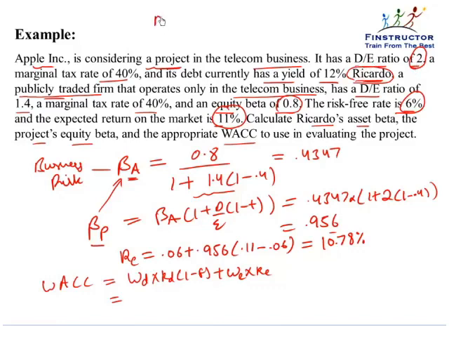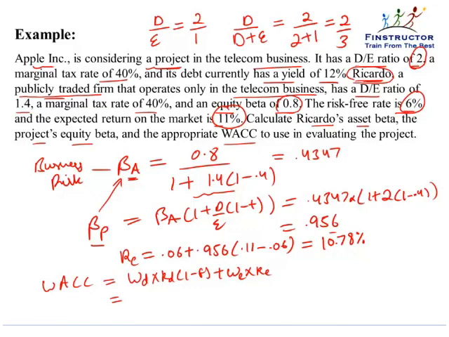So the debt divided by the equity is equal to 2 upon 1. Total capital is debt plus equity. So how much would be debt upon debt plus equity? If debt is 2 and equity is 1, for the sake of calculation, then it will be 2 upon 2 plus 1, that is 2 by 3.